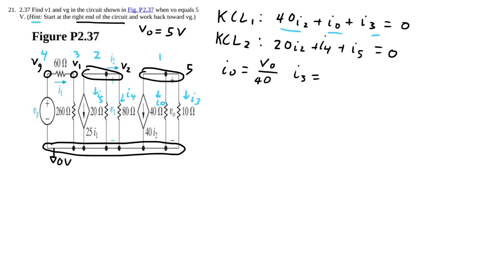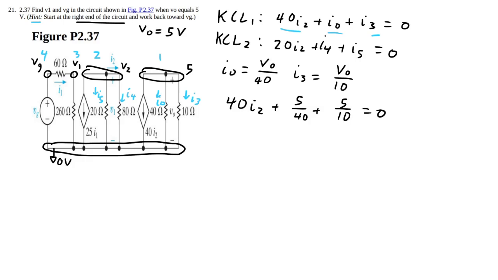So I3 equals VO divided by 10. So let's go ahead and put everything together. 40 I2 plus 5, that's VO, divided by 40 plus, is it 40? Yeah, it's 40, okay. Plus 5 divided by 10, yeah, equals 0.